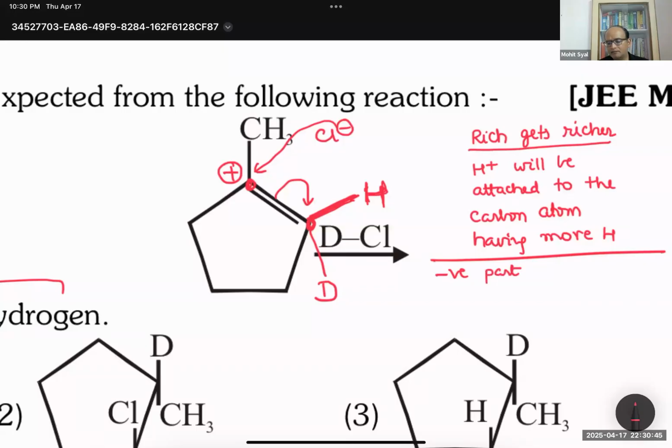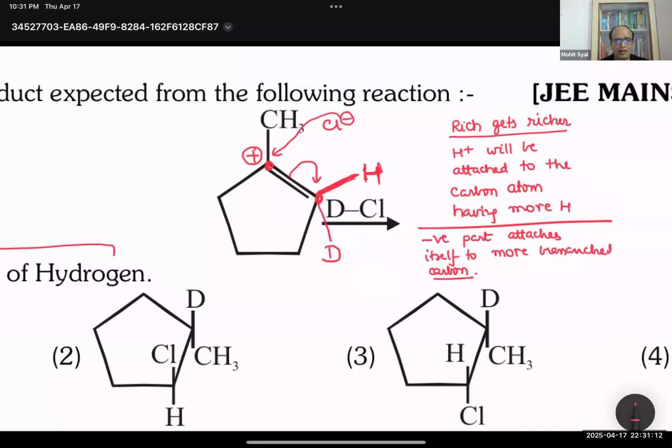The negative part of the addendum is attached to the more branched carbon.